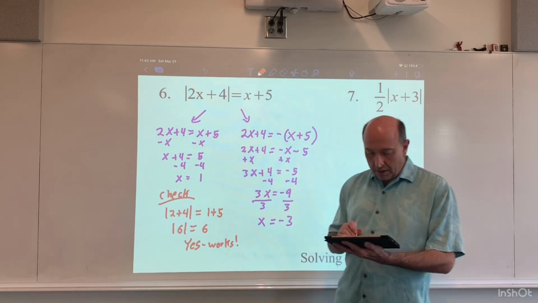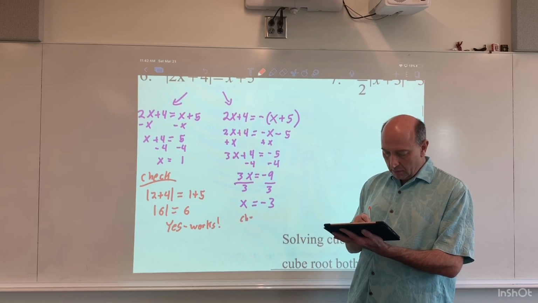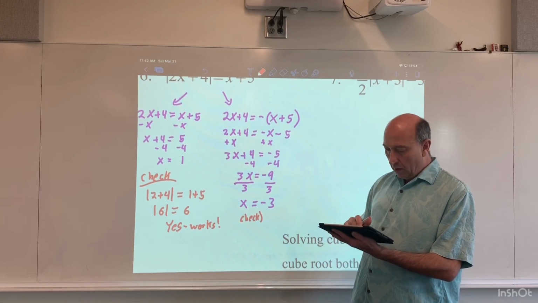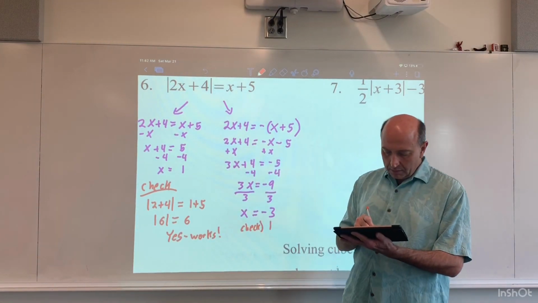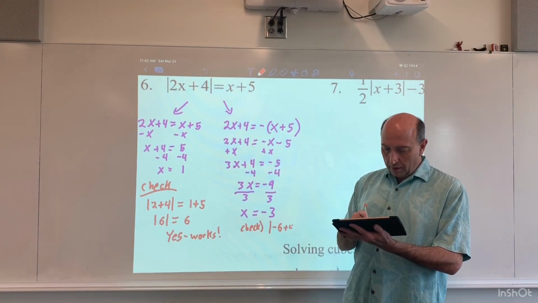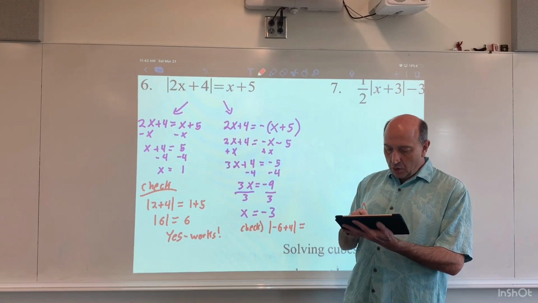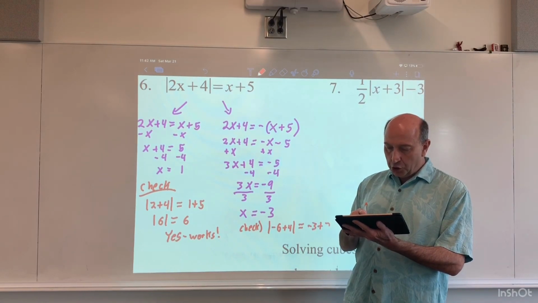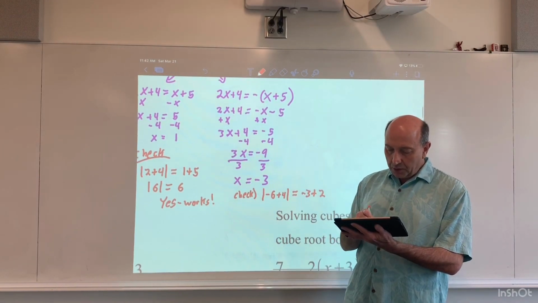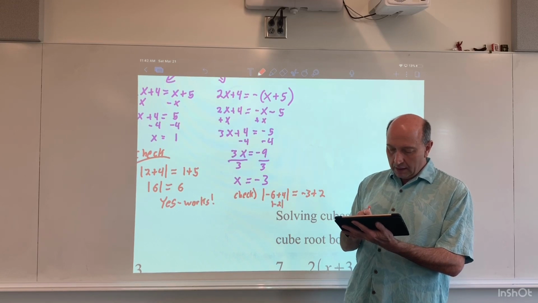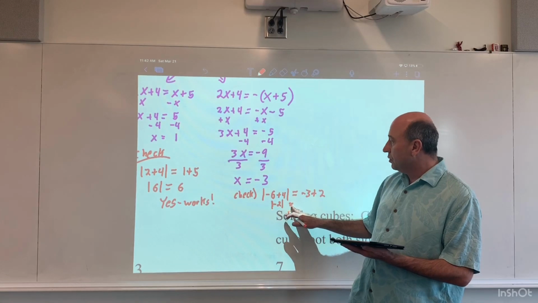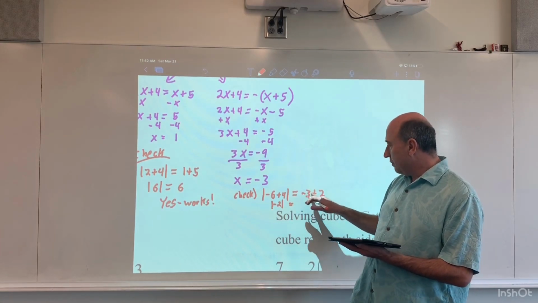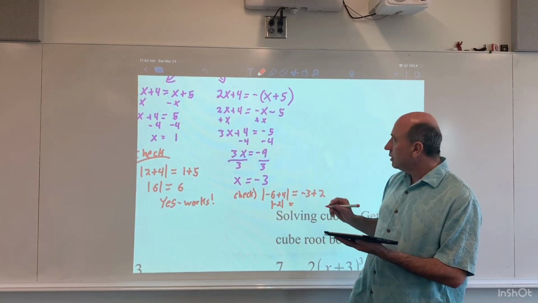Okay, the negative 3. Negative 3 times 2 is negative 6 plus 4. Negative 6 plus 4 is negative 2. Now, does the absolute value of negative 2 equal negative 3 plus 5?